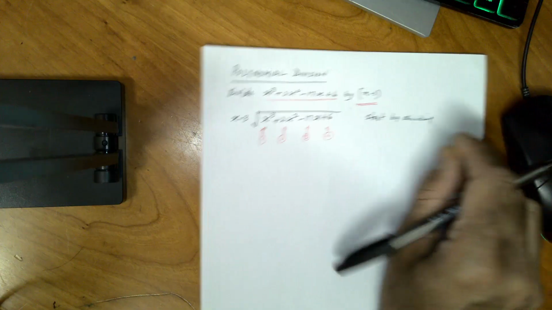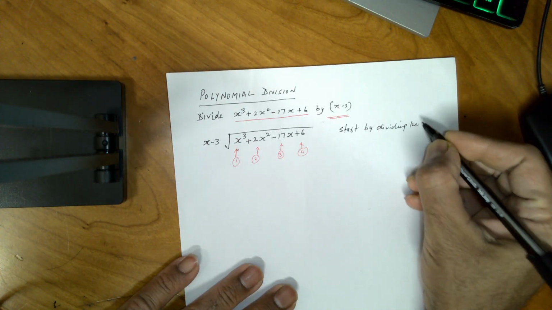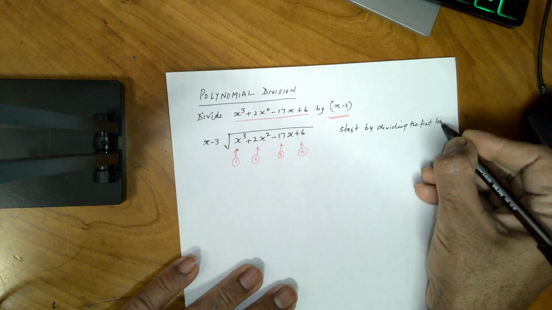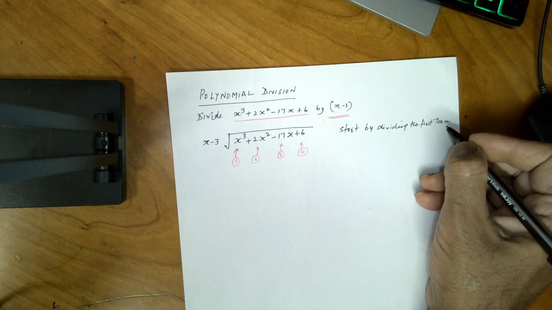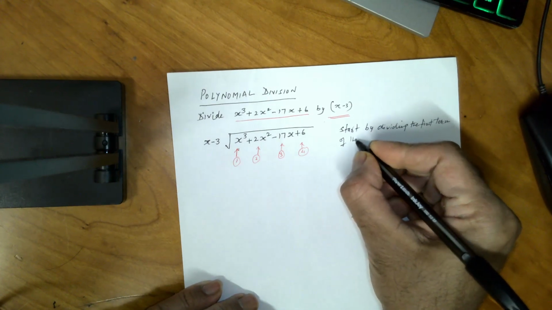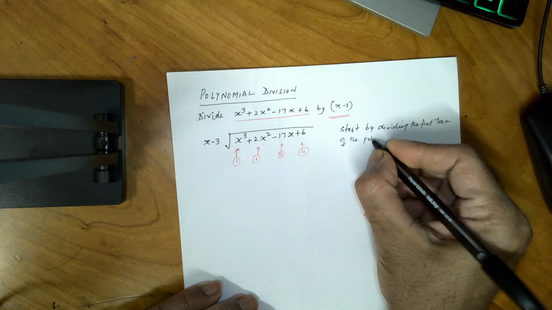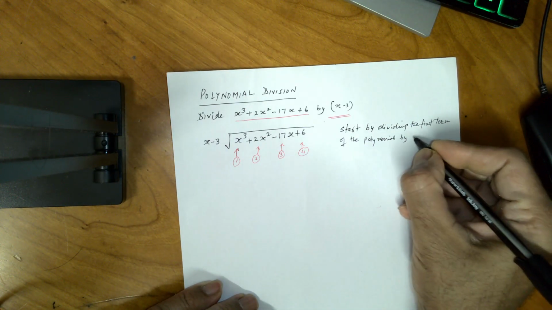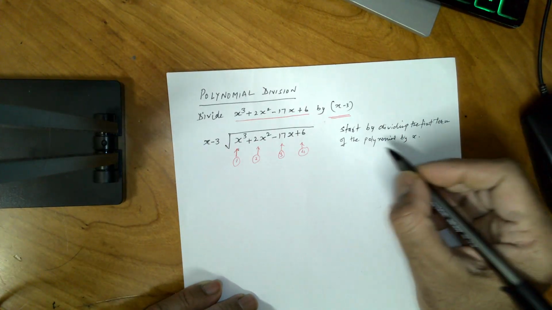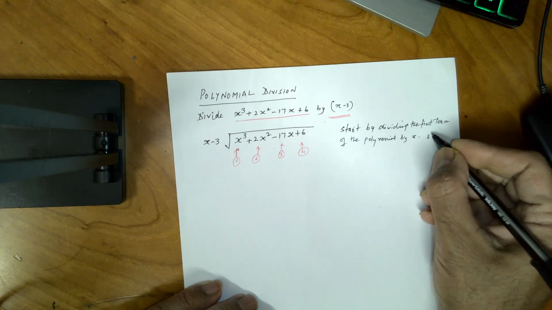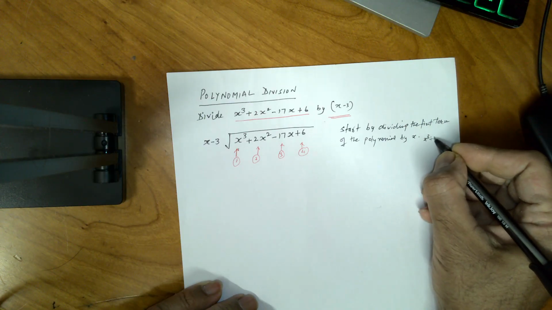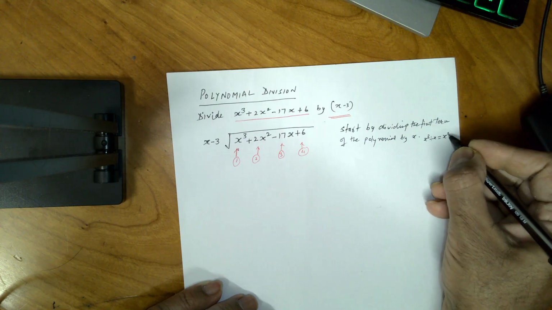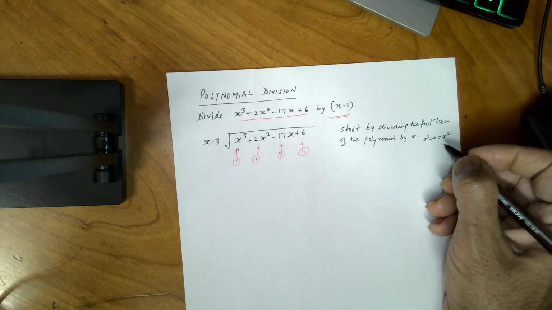Start dividing the first term of the polynomial by x. Okay, so very simple. If you have x cubed and you divide with that x, what will you get? Yes, you'll get x squared.